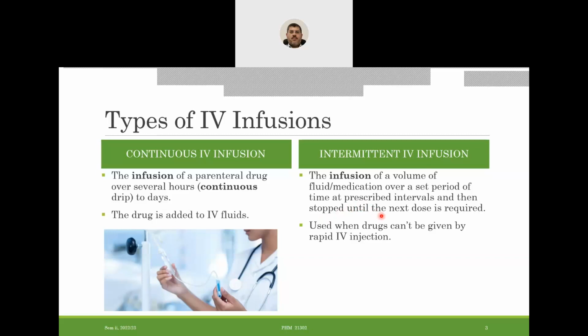We calculate the interval from the starting of the first infusion: after 8 hours from the starting of the first infusion, we start another infusion. This is the dosage interval. This is used when drugs cannot be given by rapid IV injection.